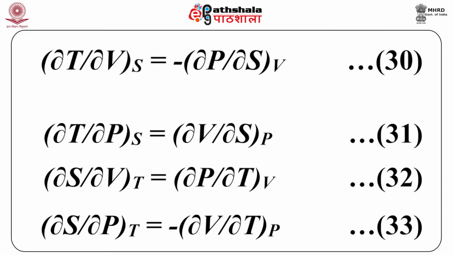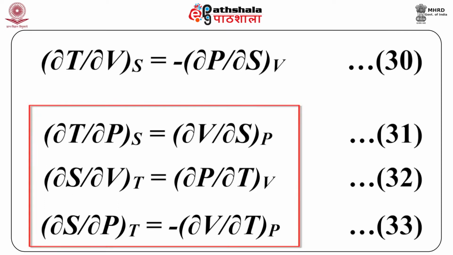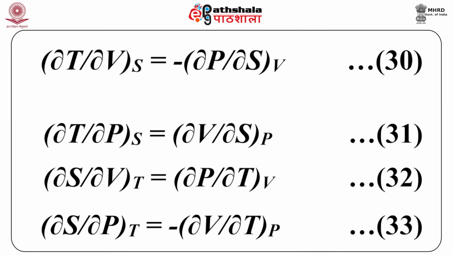Similarly, by following the same procedure, some relations were also derived as dT by dP at constant S equals dV by dS at constant P as our equation 31. dS by dV at constant T equals dP by dT at constant V as equation 32. dS by dP at constant T equals minus dV by dT at constant P as our equation 33. These relations are known as Maxwell's relations.